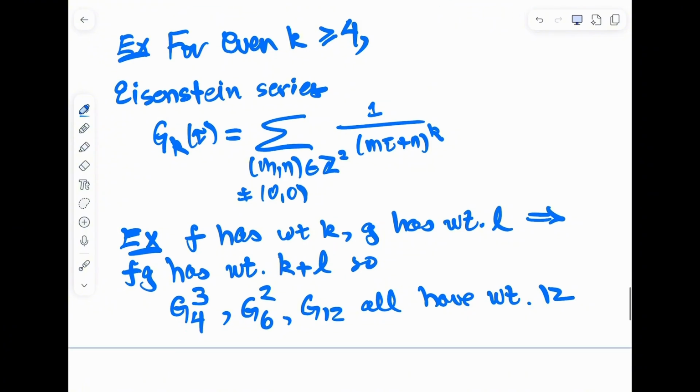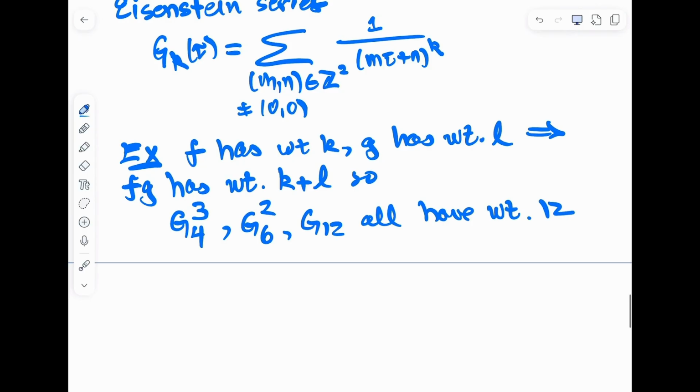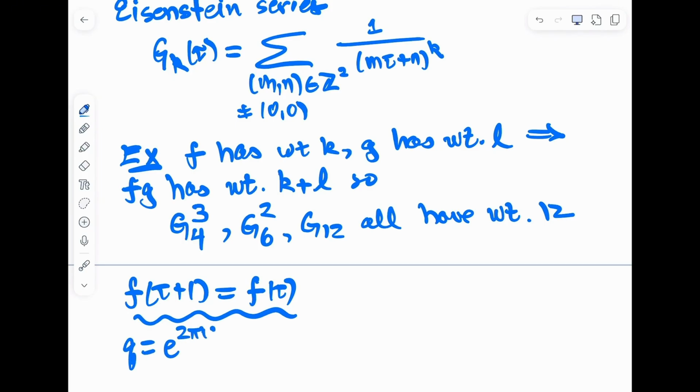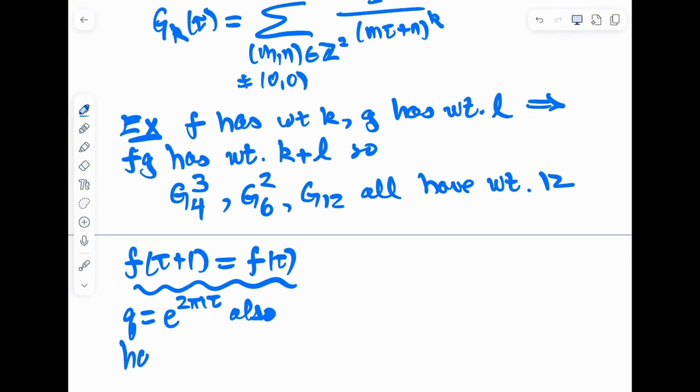Okay, there's a standard way to describe modular forms as a series. We have this condition, right? We saw that before. And also, the function e to the 2 pi i tau has its value at tau plus 1 equal to its value at tau.